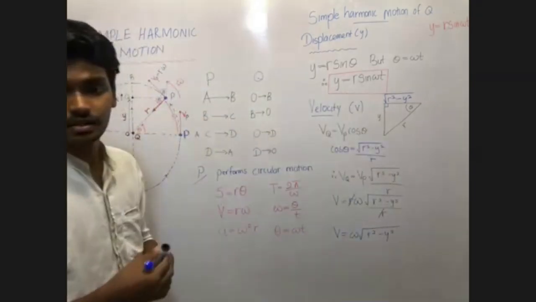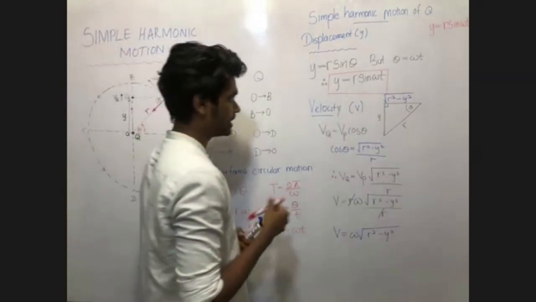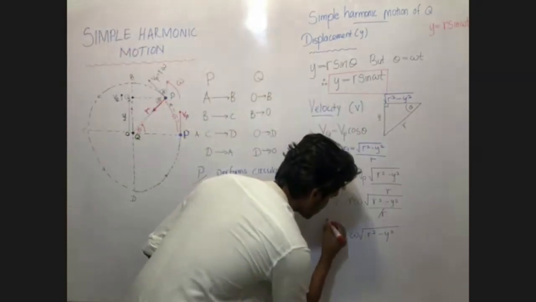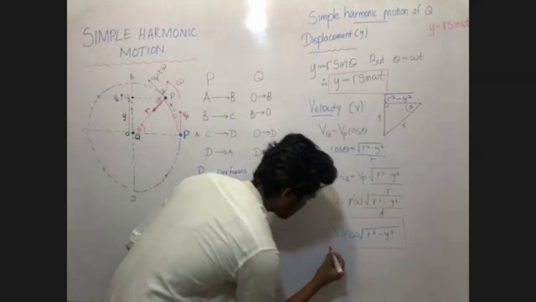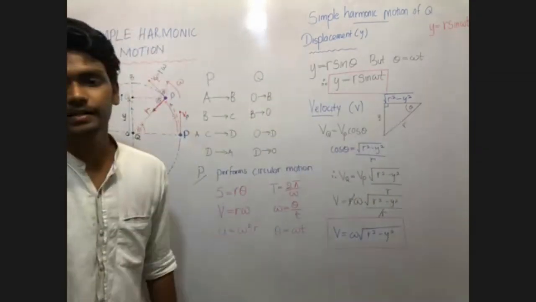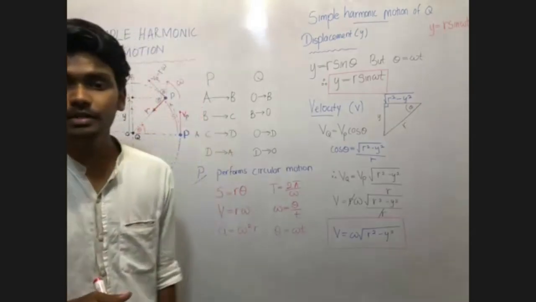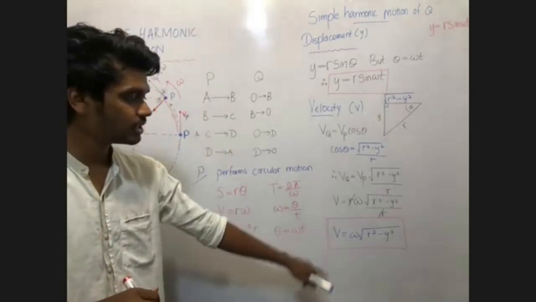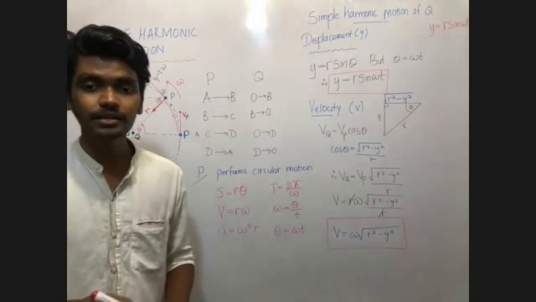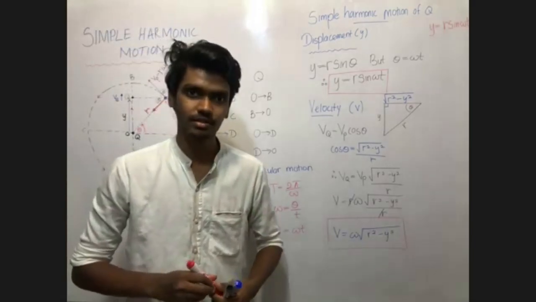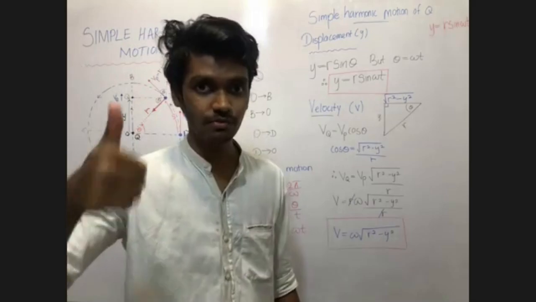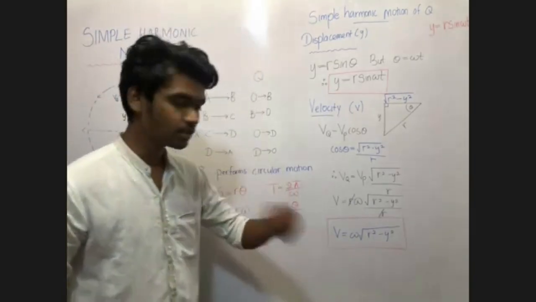So what do I have? I have an expression for the displacement. I have an expression for the velocity of the simple harmonic motion. Now I have an expression for the displacement and an expression for the velocity.